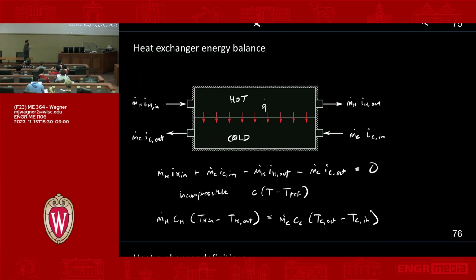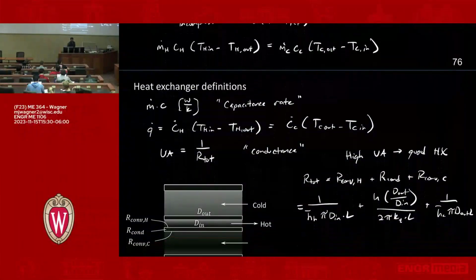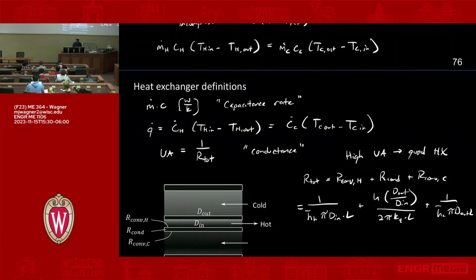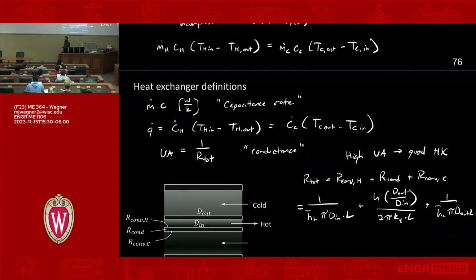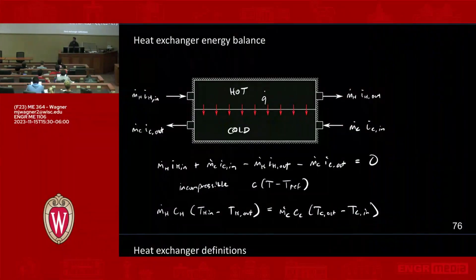The other equation, I kind of snuck this in here, is both equal to what's happening on the hot side and what's happening on the cold side separately. It's the same heat that's being transferred. So we write out this Q dot because we know it's occurring, and then we can do a separate one for the top and a separate one for the bottom, and they're equal to each other.